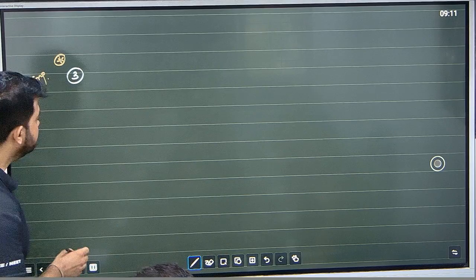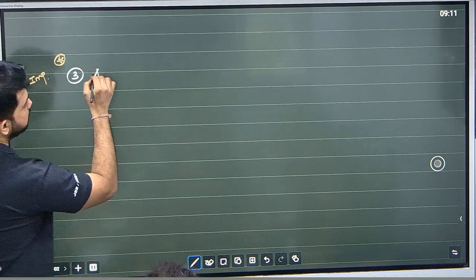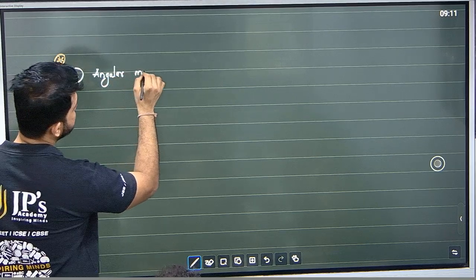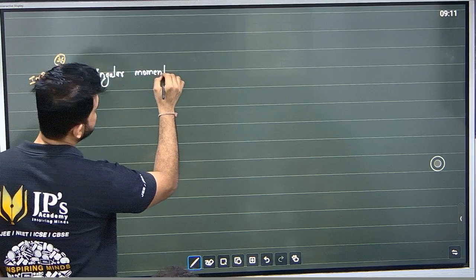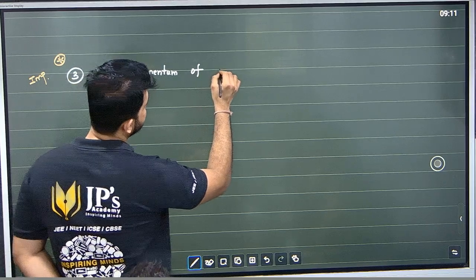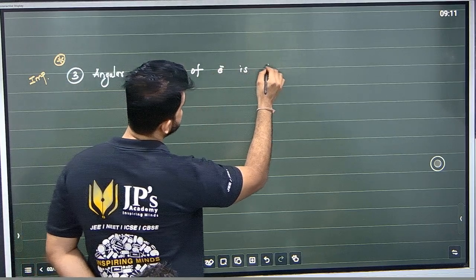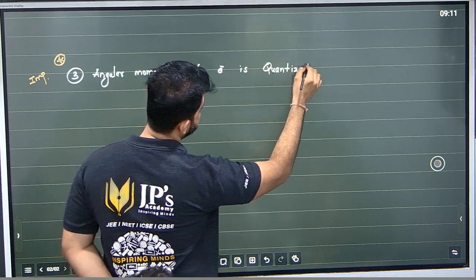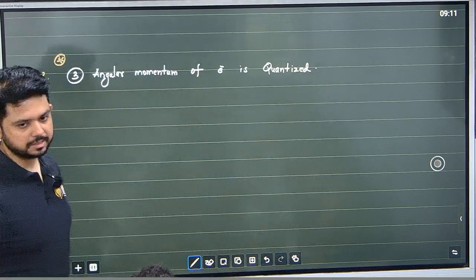Bohr said that the angular momentum of the electron is quantized. Let's understand this statement.